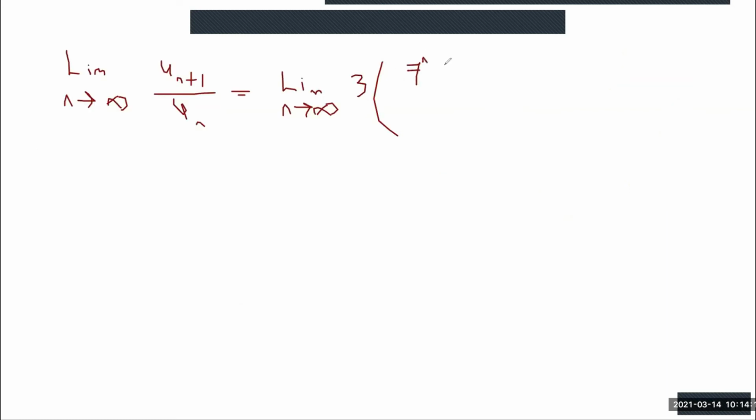So now the limit as n approaches infinity of un plus 1 over un is just going to be equal to the limit as n approaches infinity of 3 times, let's look back at what it was, 3 times 7 to the n plus 1 divided by 7 to the n plus 1 plus 1.